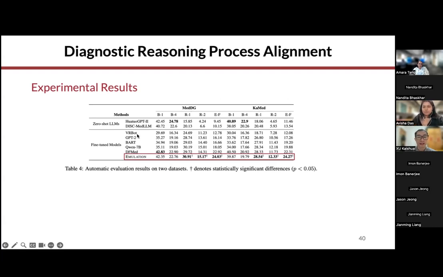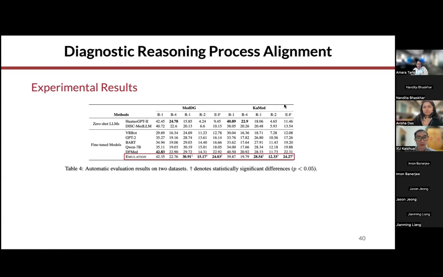Let me introduce the two datasets further. The MedDG dataset mainly focuses on one department, which means gastritis. And the COMET dataset actually includes 100 departments. It is quite a wide range dataset.